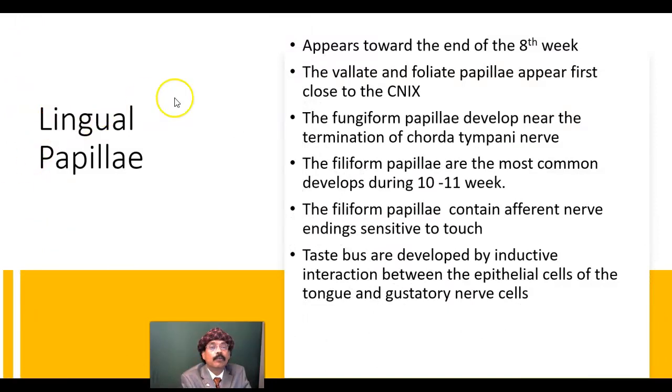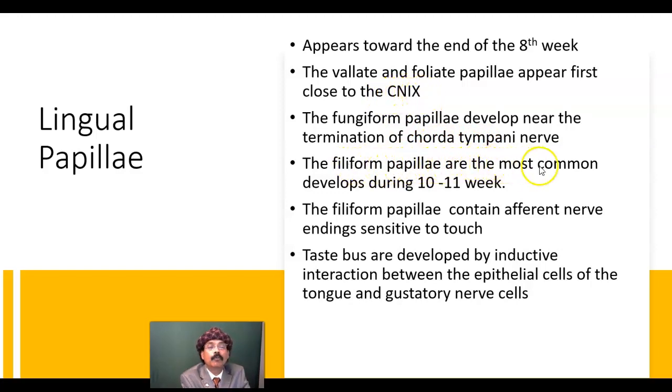Lingual papillae appear towards the end of the eighth week. Vallate papillae, also called circumvallate papillae, and foliate papillae appear close to cranial nerve number 9, the glossopharyngeal nerve. The fungiform papillae develop near the termination of the chorda tympani nerve, a branch of the facial nerve. And cranial nerve number 9 is the glossopharyngeal nerve.